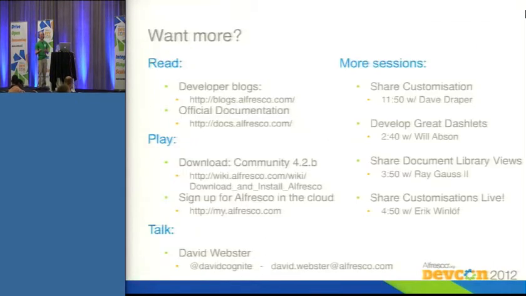If you want any more information, then our developer blogs are the best way, outside of these developer conferences, for us to communicate directly with you guys in the community. I know Dave Draper's quite a prolific blogger. He's got a lot of good stuff there, and that's the best place for documentation for stuff like the extensibility.